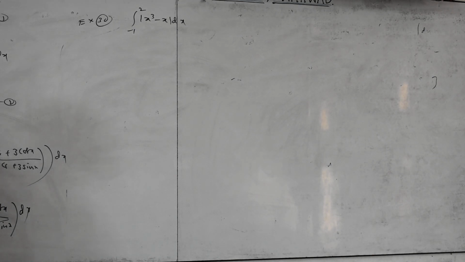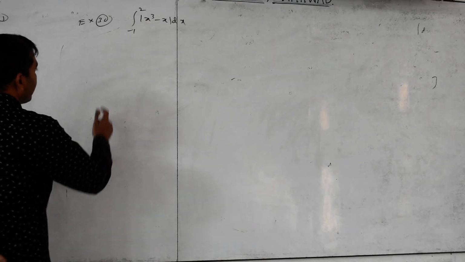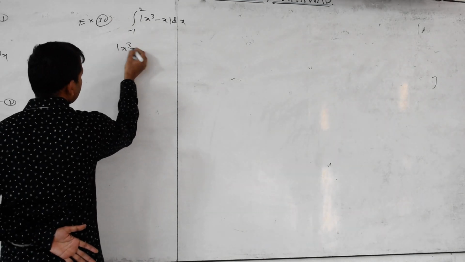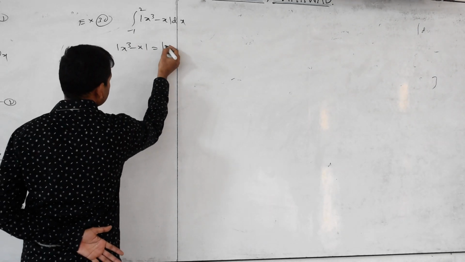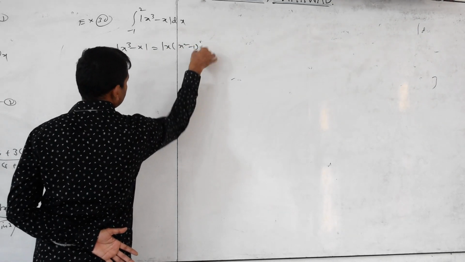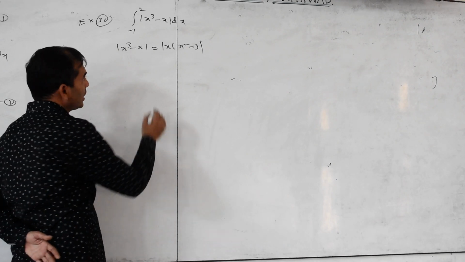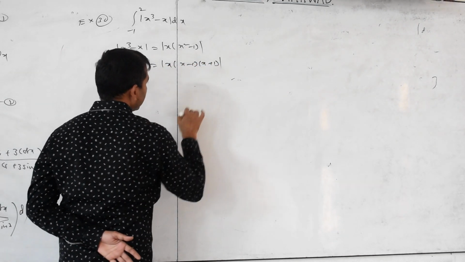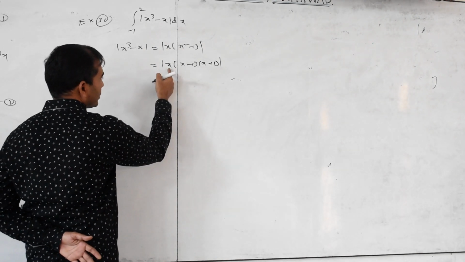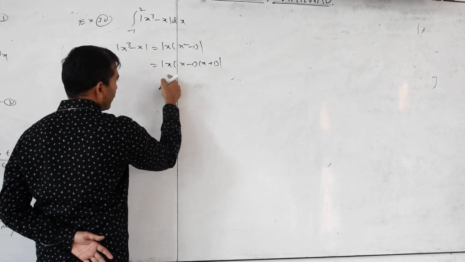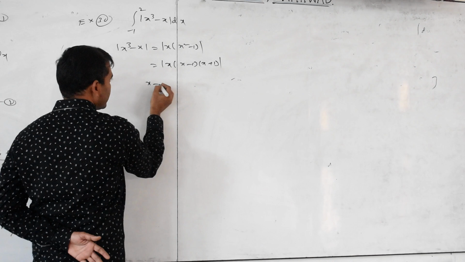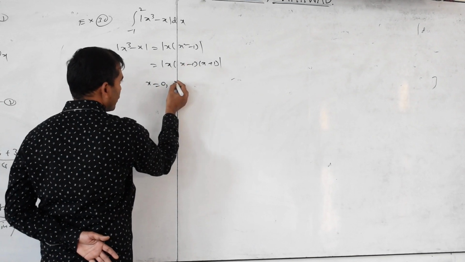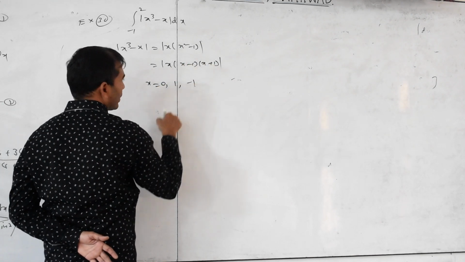Mod is there, so we should open the mod. Let's find the critical points. How can we find critical points? See, mod x cube minus x can be written as x into x square minus 1, so mod x into (x minus 1) into (x plus 1). Tell me the critical points: x is 0, next 1, next minus 1.